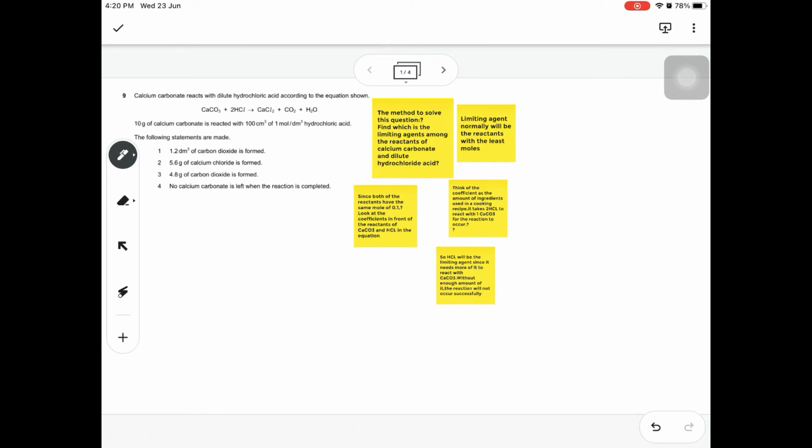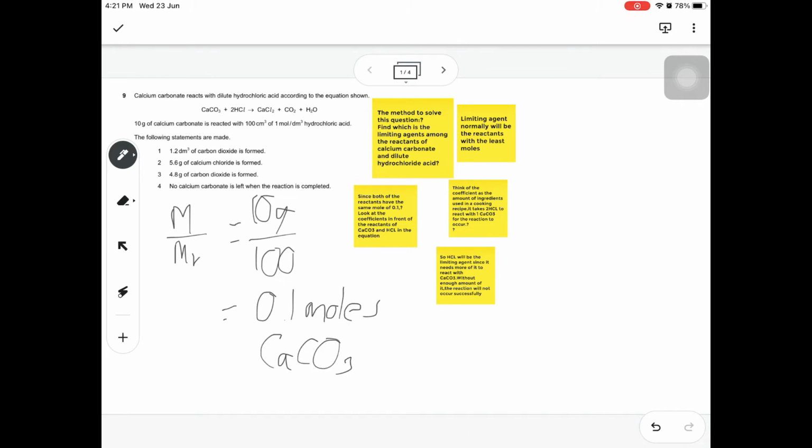So from the formula, we know that to find the moles of the calcium carbonate from the mass, we need M, which stands for mass, over relative molecular mass, Mr. So it will be 10 grams divided by the relative molecular mass of calcium carbonate, which is 40 plus 12 plus 16 plus 16, so 100. The answer will be 0.1 moles of the calcium carbonate.